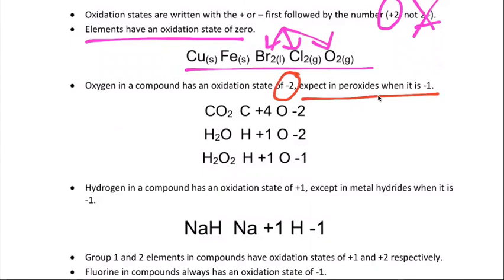So for example, carbon dioxide, oxygen's -2. Water, oxygen's -2. However, this one, H2O2, that's hydrogen peroxide, because that O2 is one of those polyatomic ions. And so in this one, the oxygen's only -1. So you have to be careful if there's a peroxide, but the majority of the time, oxygen will be -2.